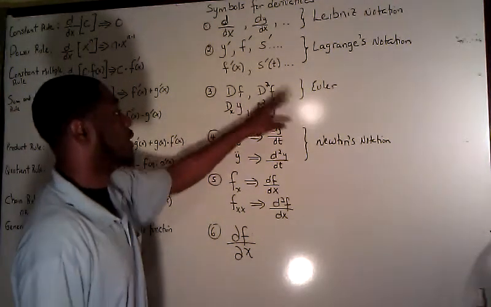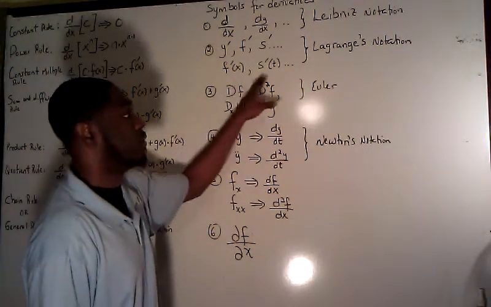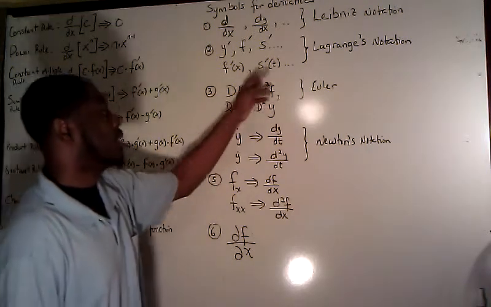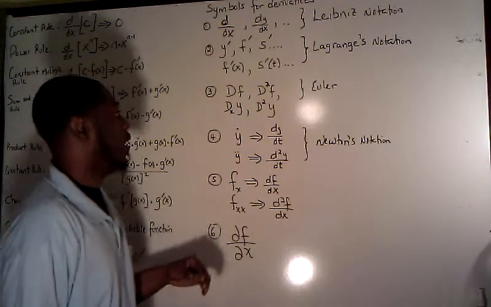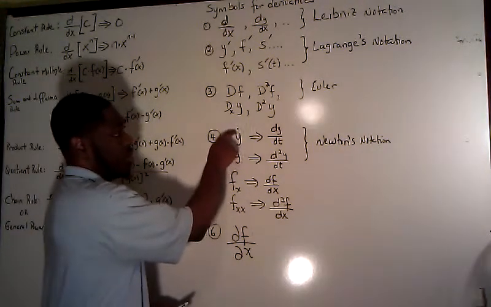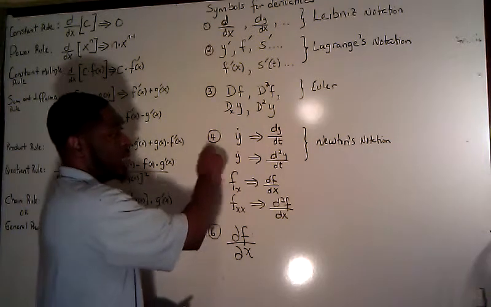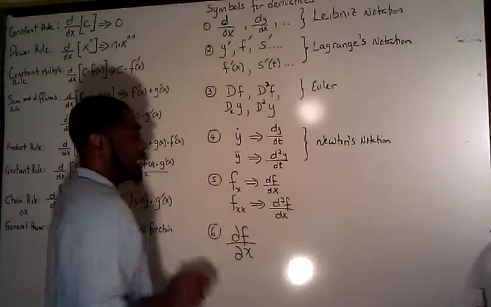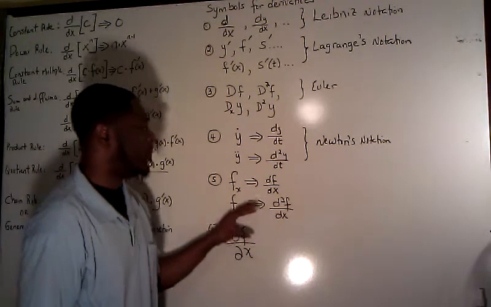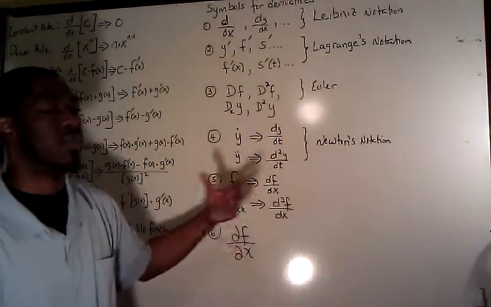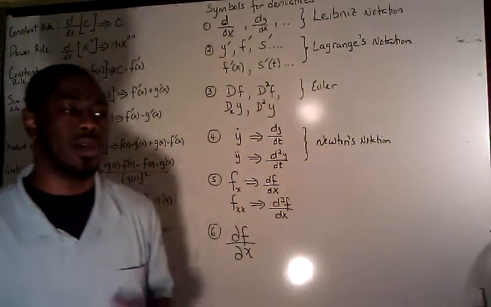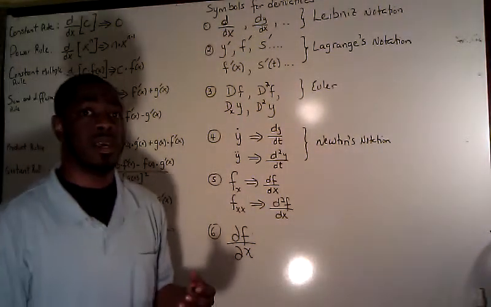Here we have the Euler notation. This denotes the first derivative. This denotes the second derivative. You can also see it with a little dot on top of the y, and if it has a double dot, that's the second derivative. These notations you'll more or less see in higher level calculus, or when you start talking about vectors and mechanics.